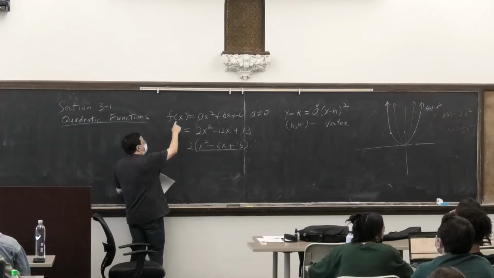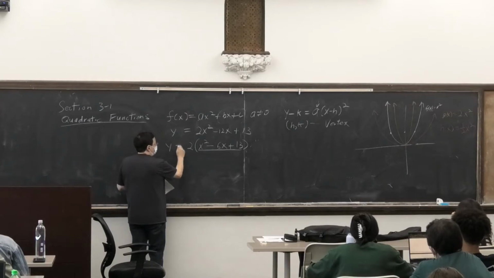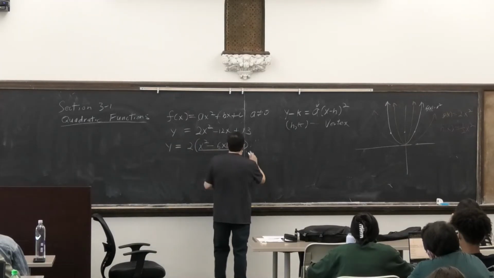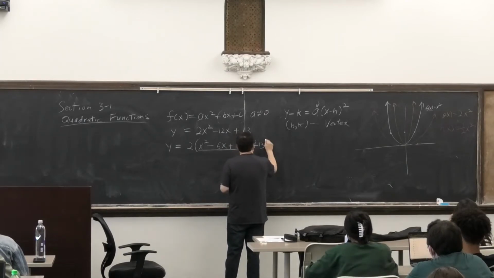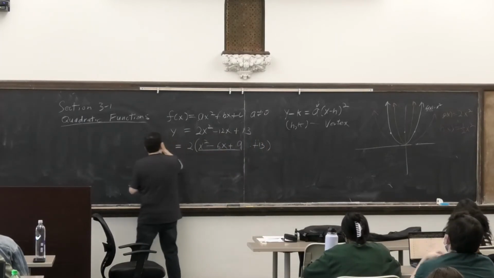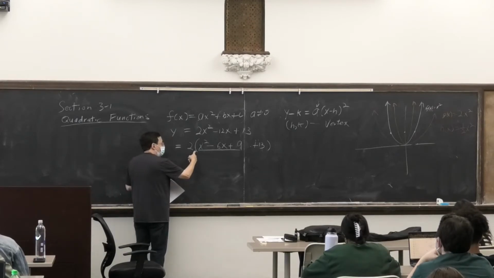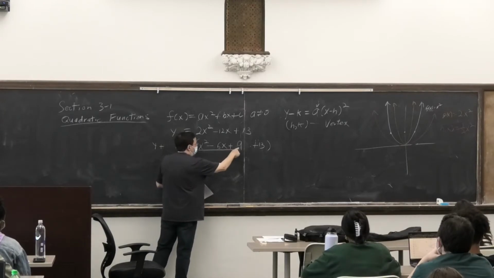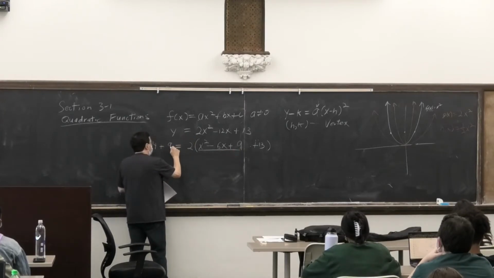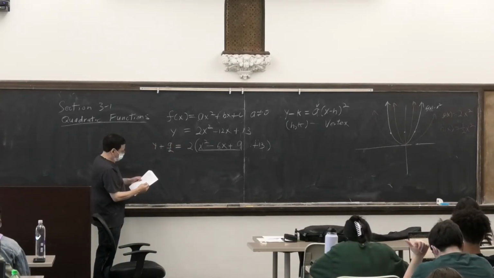I'm going to call this y. That's my y-axis. I'm going to add 9, as before. But now I'm going to add 9 to this side. But since this is 2, what do I have to add over here? I'm adding 9 here, that's really 9 over 2. So I add 9 over 2.